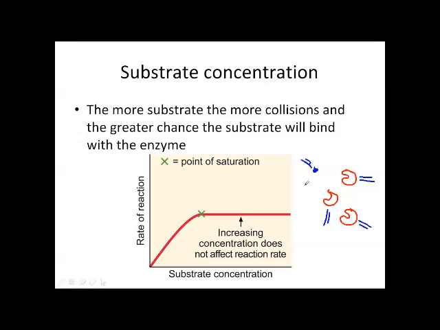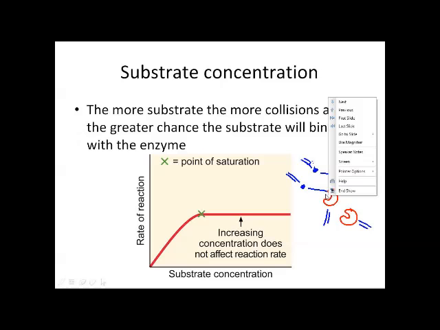If I increase the substrate concentration, so if I increase the number of substrates per volume, let's just add another little ball, and this ball is also going to be moving. Now I've got 2 substrates. Say this one bounces and falls into this enzyme here, and this one flies and falls into this enzyme over here.